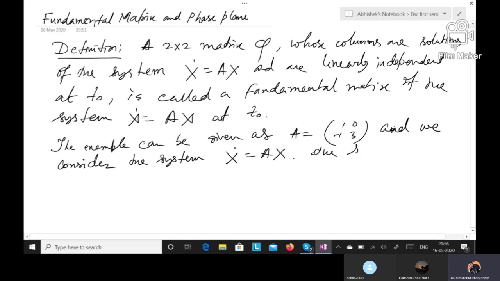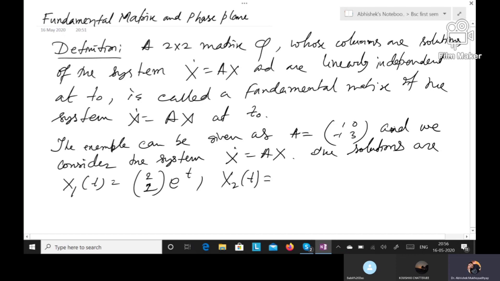The solutions are x1(t) is column vector 2 1 e to the power t, and x2(t) is column vector 0 1 e to the power 3t.